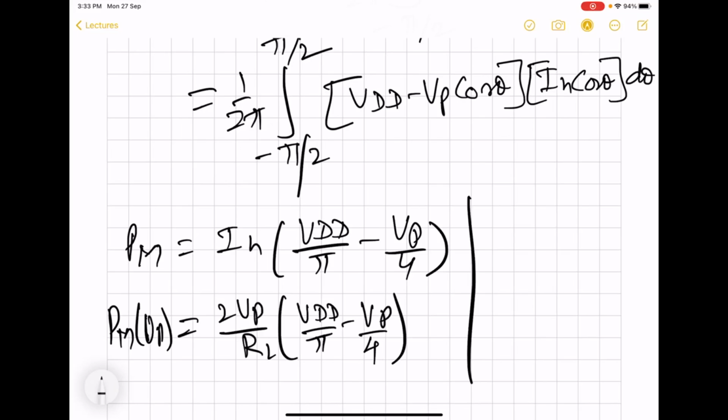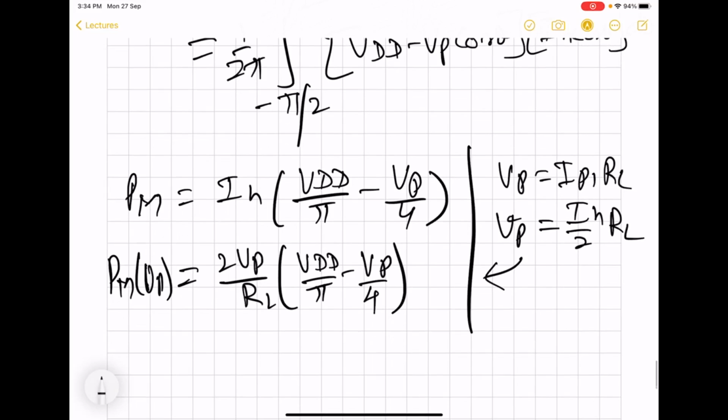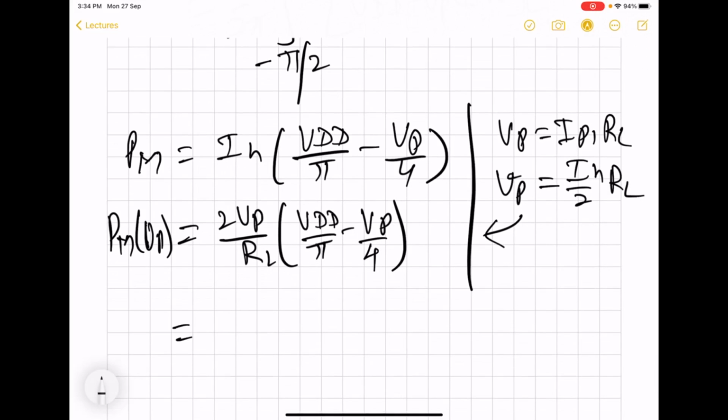So we have taken help that VP is IP1 RL, and IP1, the fundamental, is half of the amplitude of the half wave. So using this, we have arrived at this equation. So here we see that this is a function of VP.